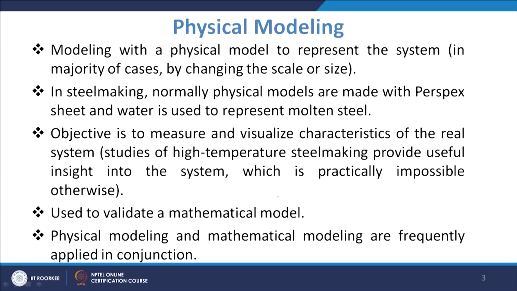Then we use water to represent the molten steel, and there are reasons for that. One is that the kinematic viscosity of water at room temperature and that of steel at its melting temperature are somewhat similar, very close.